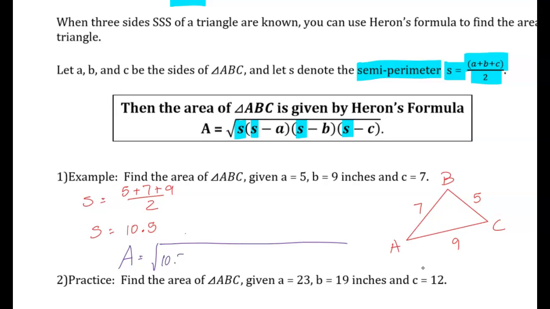So we have 10.5 times the semi-perimeter minus the first side they gave us, times the semi-perimeter minus the second side they gave us, times the semi-perimeter minus the third side they gave us.